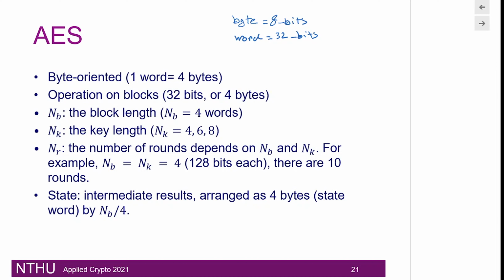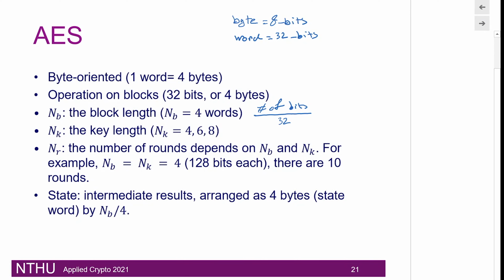We would like to define some variables for the AES algorithm. We have the number of blocks, Nb, which is the block length defined as the number of bits divided by 32. For example, if you have 128 bits, then the block length is 4 words.